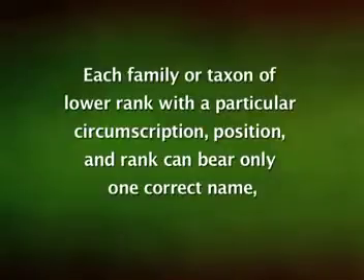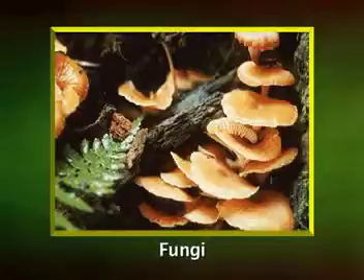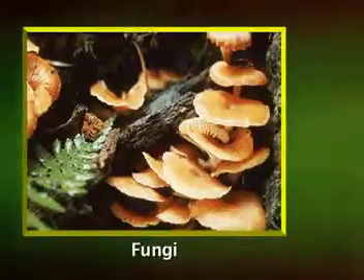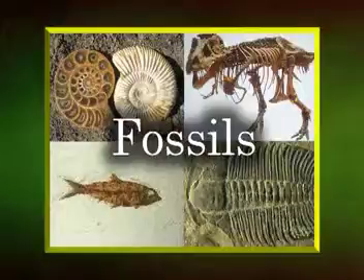According to Article 11, each family or taxon of lower rank with a particular circumscription, position, and rank can bear only one correct name, special exceptions being made for 9 families and 1 subfamily for which alternative names are permitted. However, the use of separate names for the form taxa of fungi and for morphotaxa of fossil plants is allowed under Articles 13 and 59.